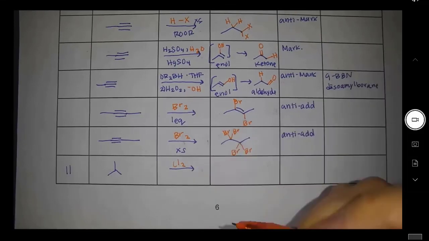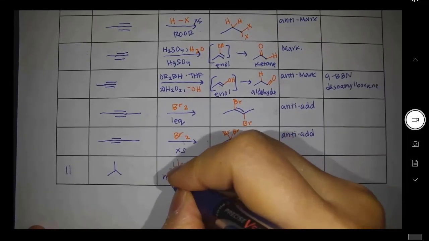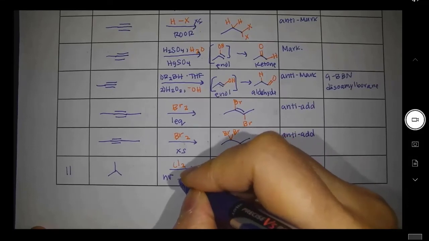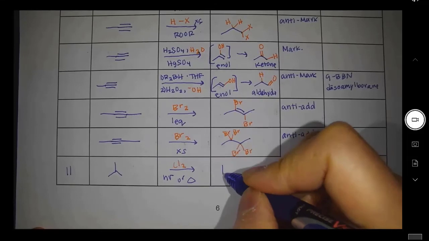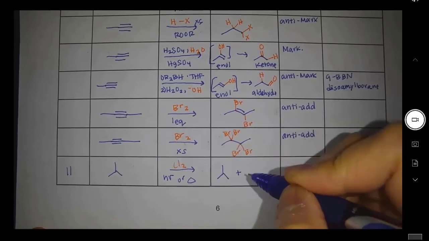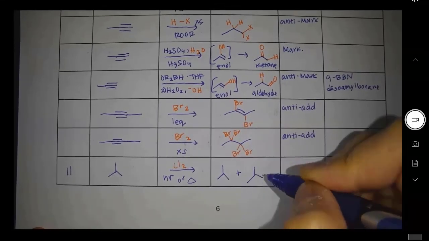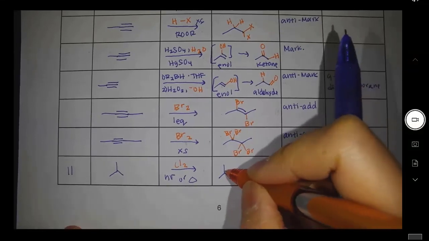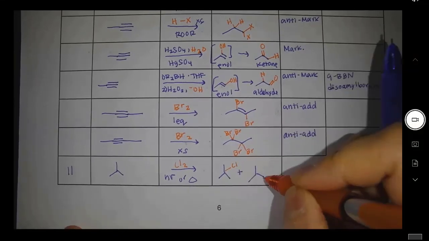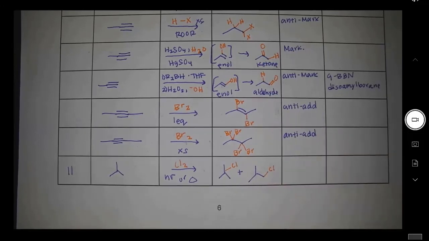We add chlorine in the presence of heat or light. So h nu being light, or you can have heat. And with chlorine, you're going to get a couple of different products. The chlorine is very reactive and it will just go anywhere. So it can go to this carbon or this carbon here.